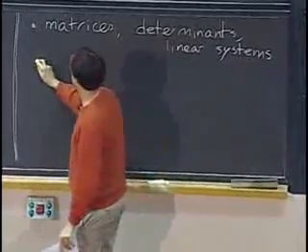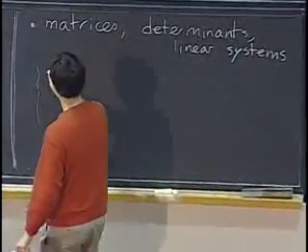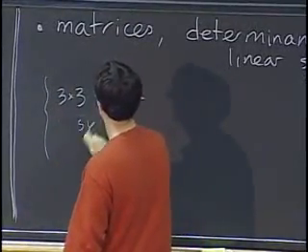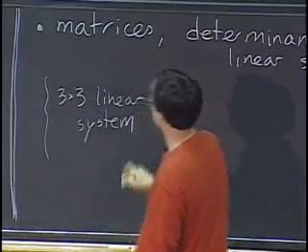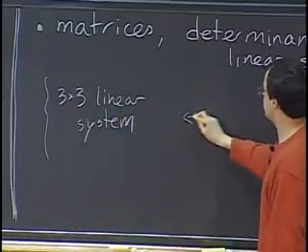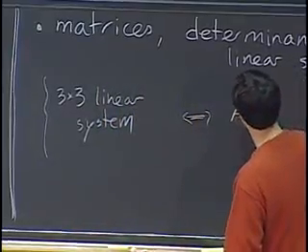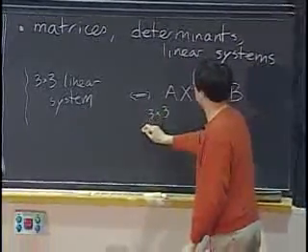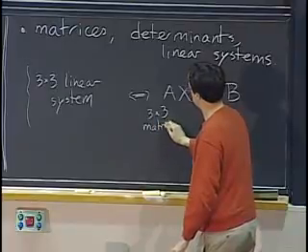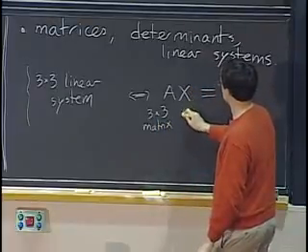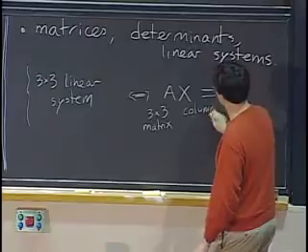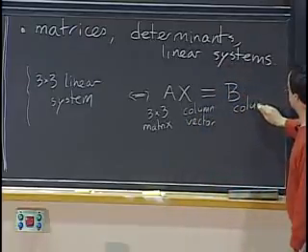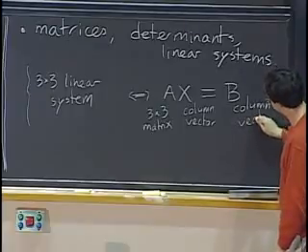So remember, if you have a 3x3 linear system in the usual sense, you can write this in a matrix form where you have a 3x3 matrix and you have an unknown column vector, and their matrix product should be some given column vector.